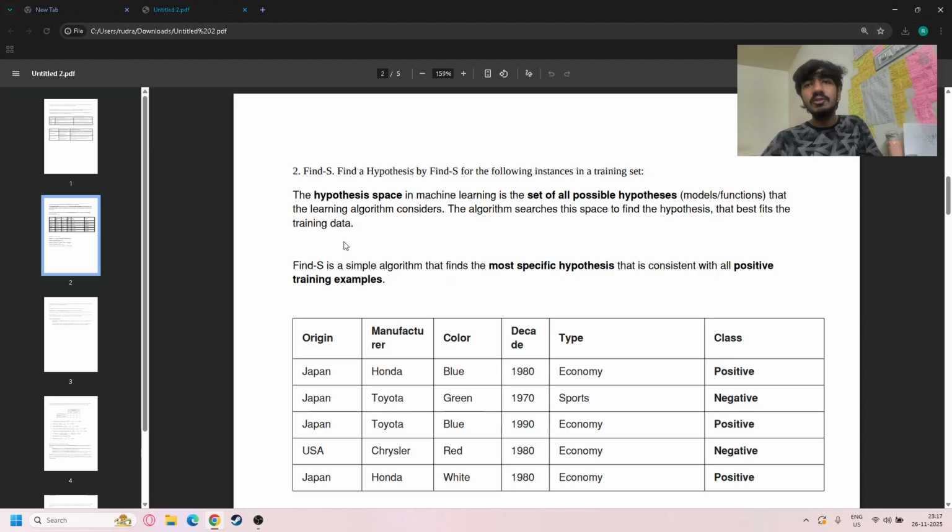So first we need to know what the hypothesis space is. It's a machine learning concept in which we take all the set of possible hypotheses, models, functions, and everything that a learning algorithm can consider, then search them through the training data and find the best one, and that best one is then used for training.